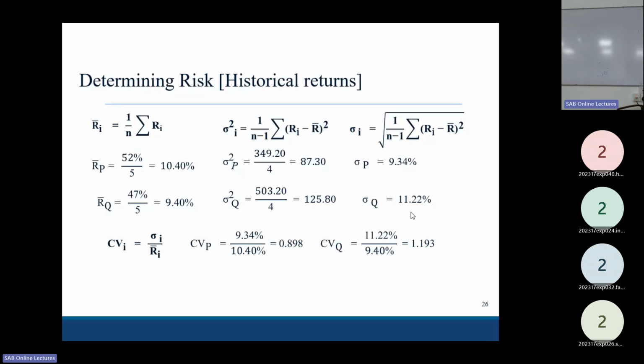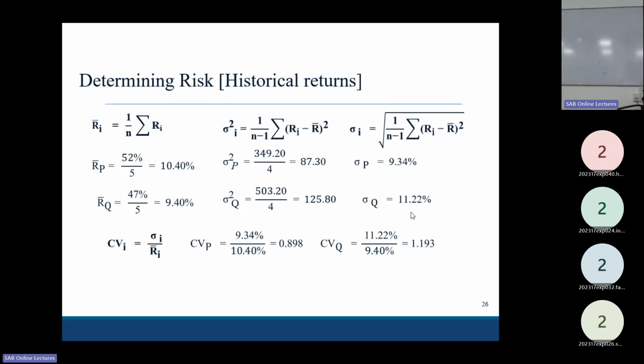But for the exam, if I ask which company is risky, by comparing standard deviation you cannot give the answer. Why? Here the average return is different. For company P, the 10.4% average return has a risk of 9.3. For company Q, the 9.4% average return has a risk of 11.2.